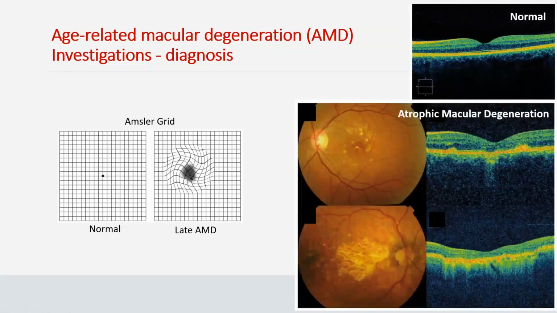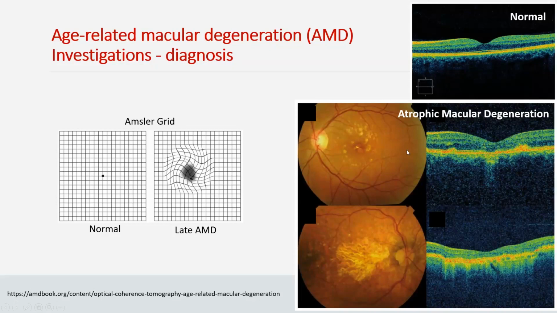Now, in terms of the OCT, in the top image here, you can see a normal OCT in a patient who does not have any pathology. You can see the layers of cells that I showed you earlier in the histological slide, starting from the choroid and going upwards.